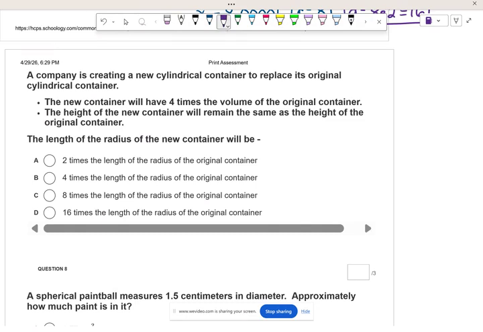All right, so all we're going to do here is manipulate the formula for the volume of a cylinder. So go look that up on your formula sheet. The volume is equal to pi r squared times the height.